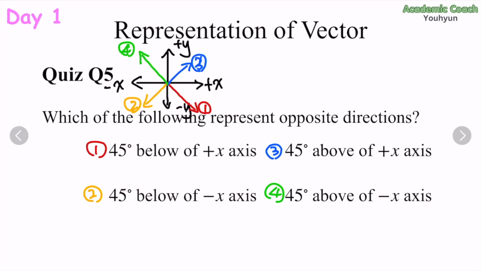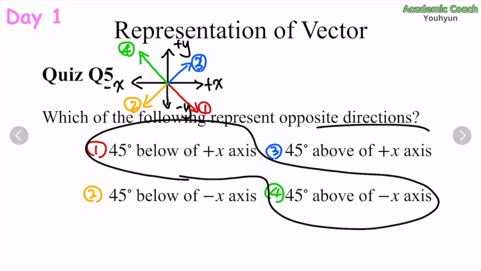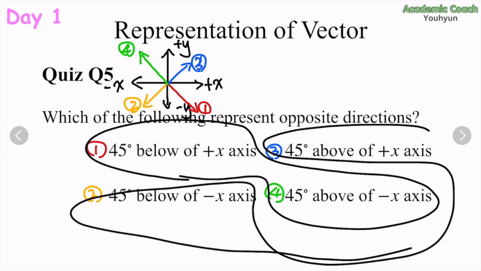So now it's obvious that 4 and 1 point away from each other and they are on the same line, so they are opposite directions. And direction 2 and 3 are opposite directions. So these two are a pair that points at opposite directions, and these two are a pair that points at opposite directions. 1 and 4, and 2 and 3.